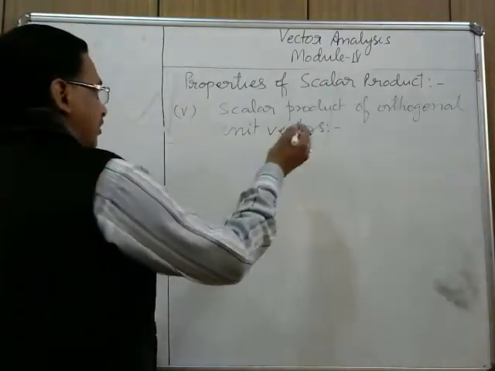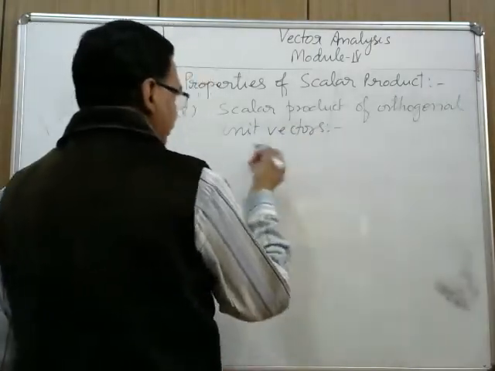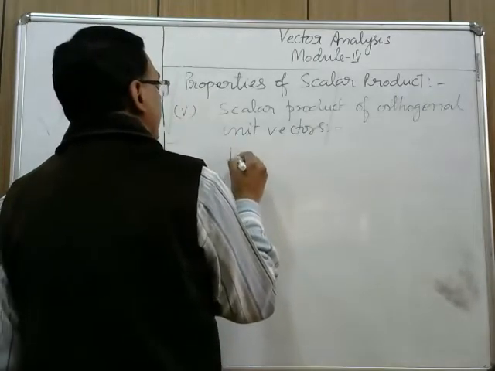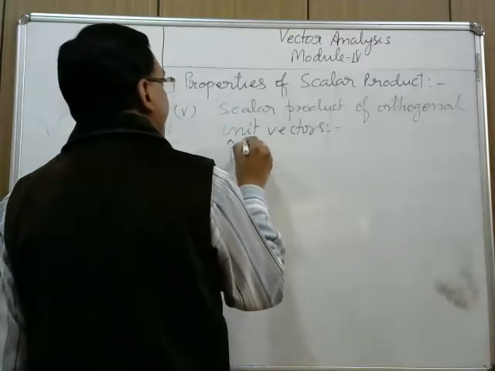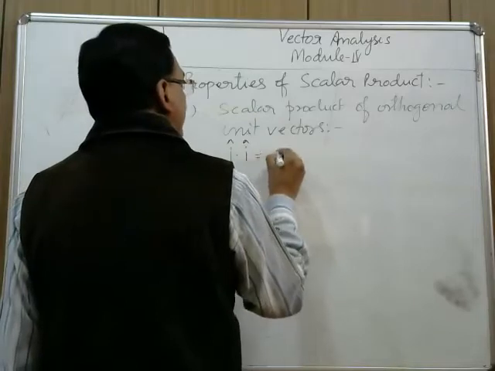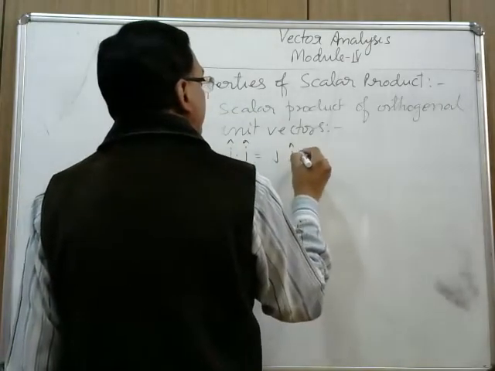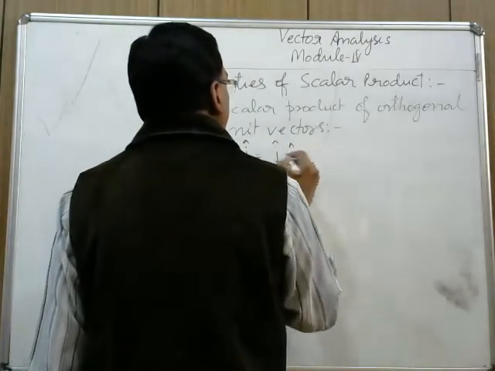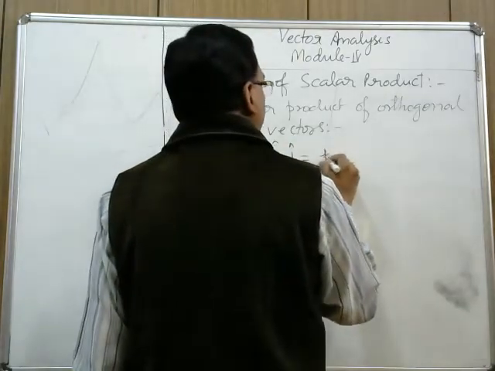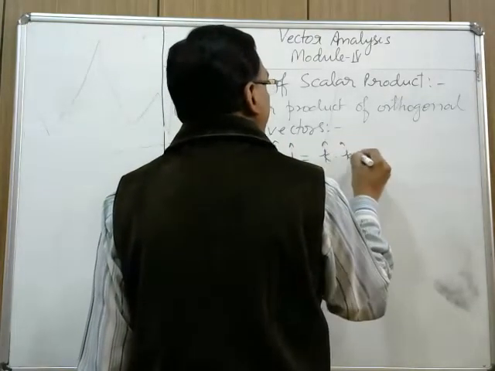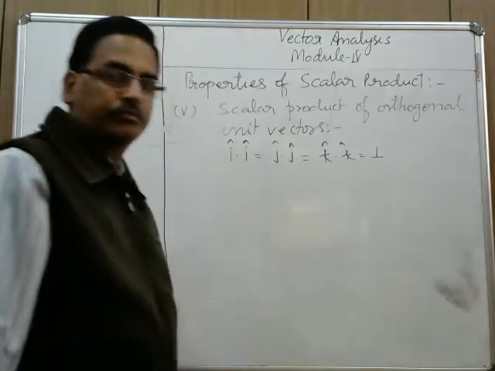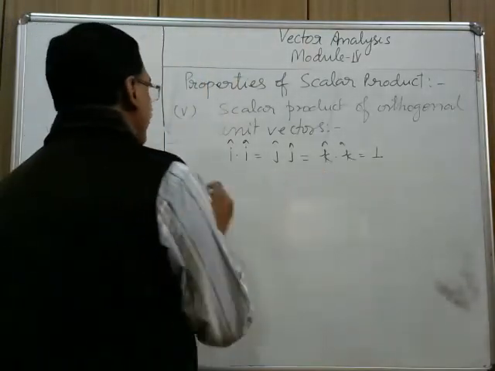So in case of a scalar product of unit vectors, we have i dot i, j dot j equals k dot k equals 1. One proof I am giving you.